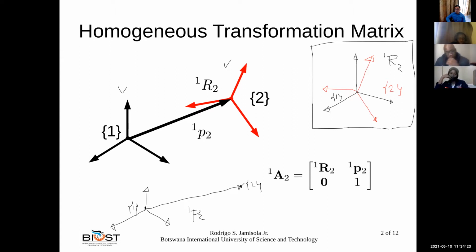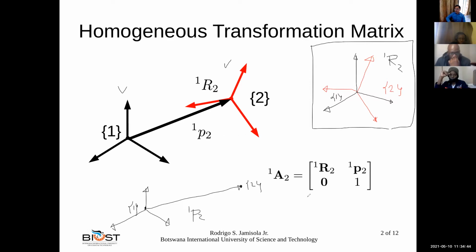But from frame 2, the axes are not necessary because we're just considering the origin. Any questions with that? So always remember that we can investigate them separately, and then it will be the same.